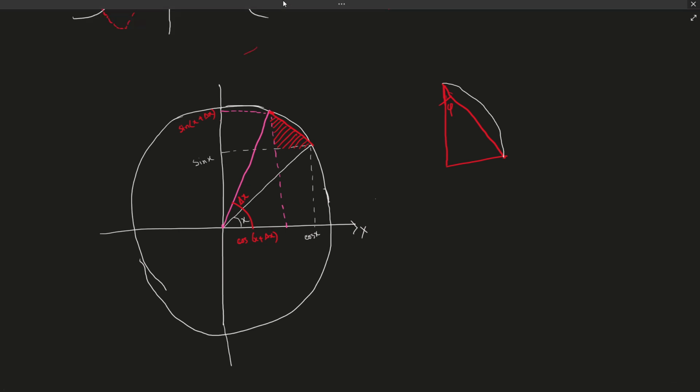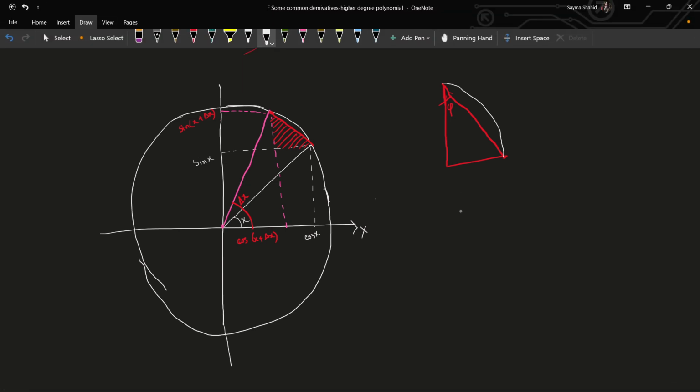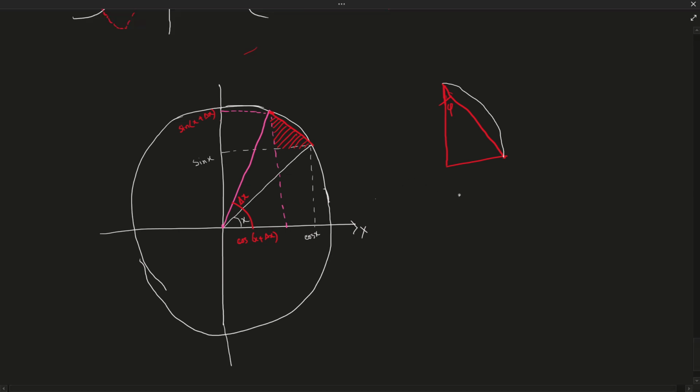So now cos phi is adjacent by hypotenuse, so it's adjacent by hypotenuse.